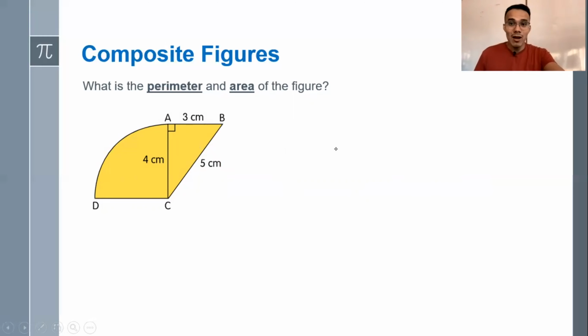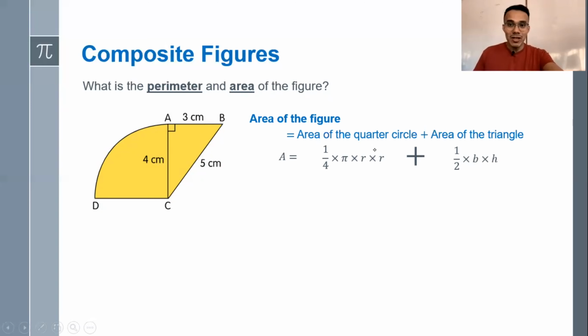Let's start finding the area of the figure. To find the area of the figure, you're just going to get the area of the quarter circle and the area of this triangle and get their sum. Quarter circle is just 1/4 of the circle. So we have 1/4 times pi times r times r.